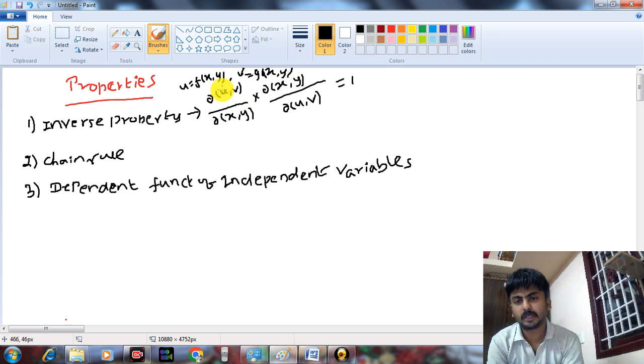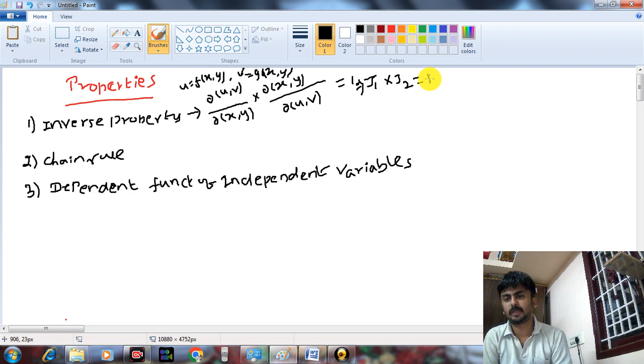If I take the first Jacobian as J1, and its inverse, dou of (x, y) divided by dou of (u, v), as J2, then J1 times J2 equals 1. So this is our first property.